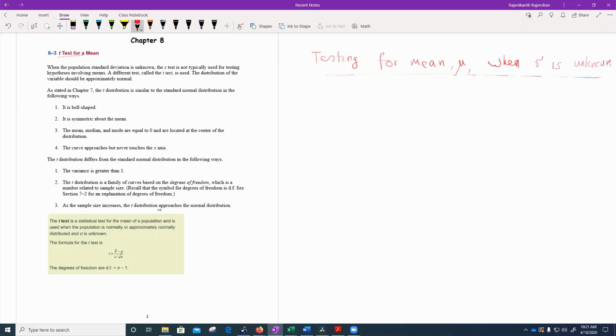Everything is much similar, right? The only thing is now instead of the z distribution picture, you have a t distribution. Remember, the t distribution is also similar to the z distribution. Then what is the difference between t and z? Here we use the degrees of freedom, right? So the degrees of freedom is given by n minus 1, where n is my sample size.